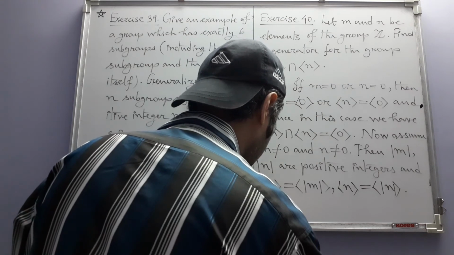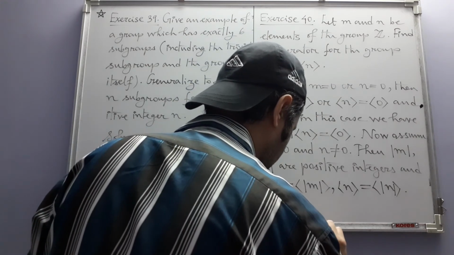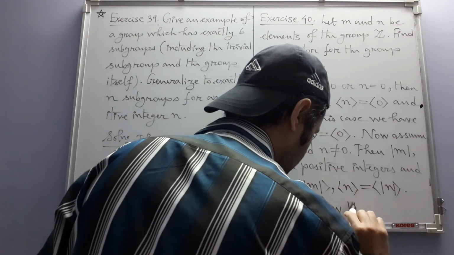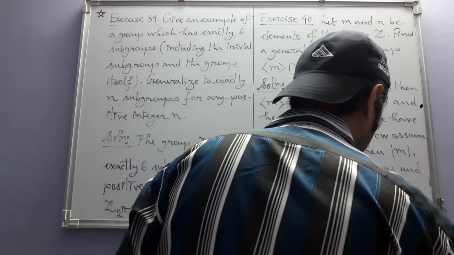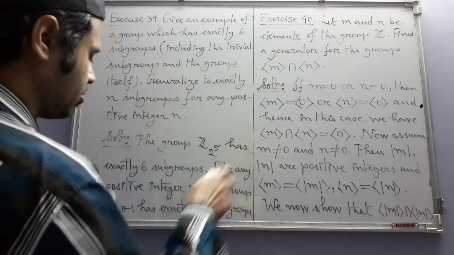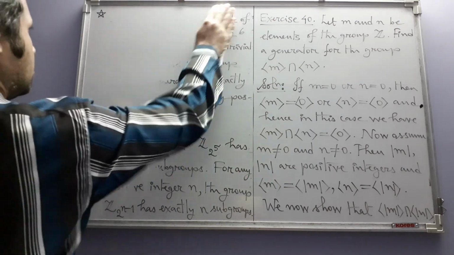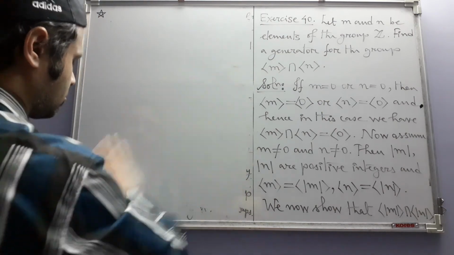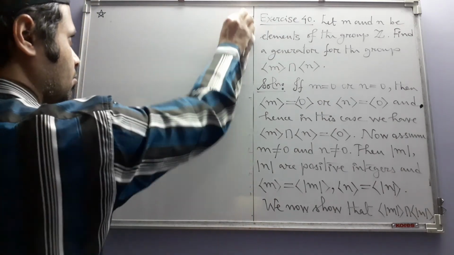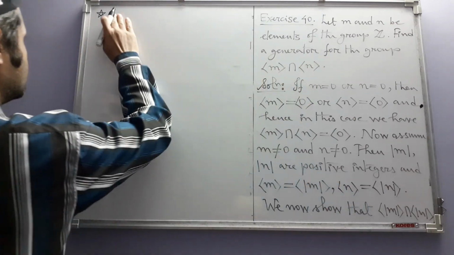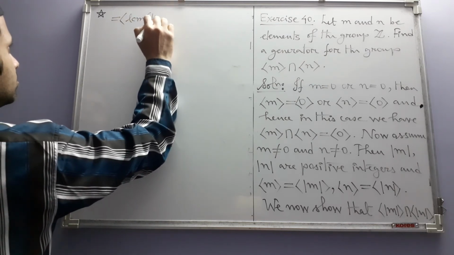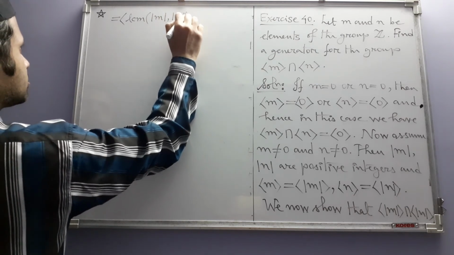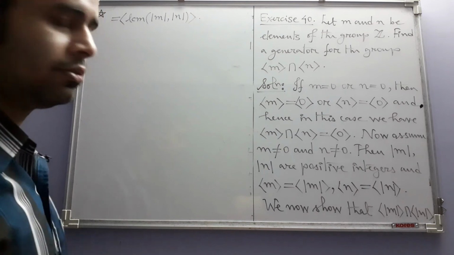We now show that this intersection, which is nothing but the original intersection, is equal to the cyclic subgroup generated by the least common multiple of these positive integers.